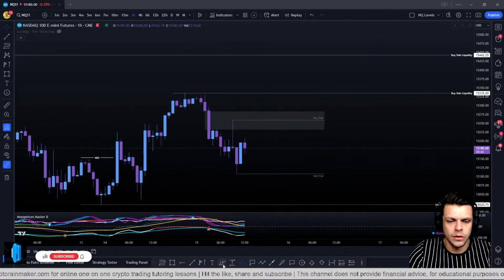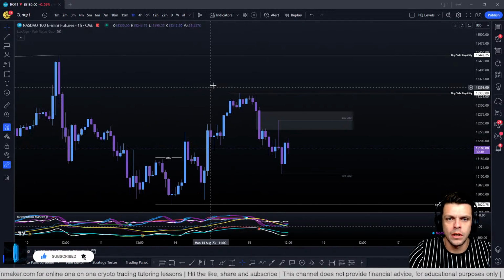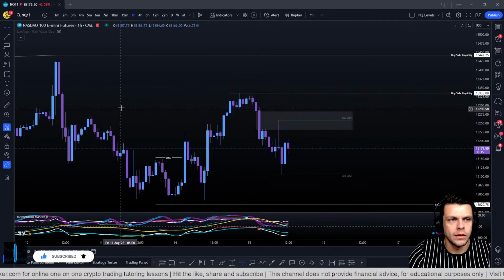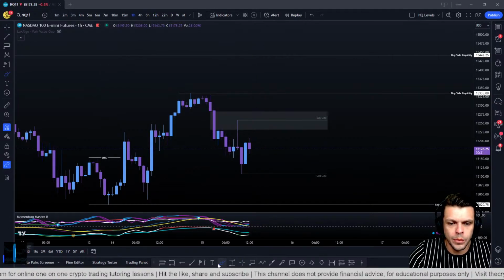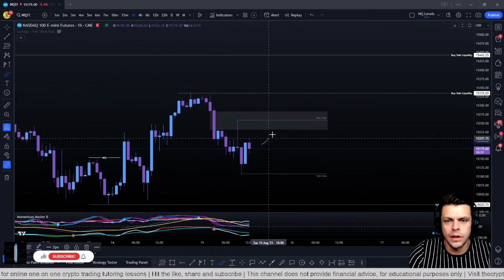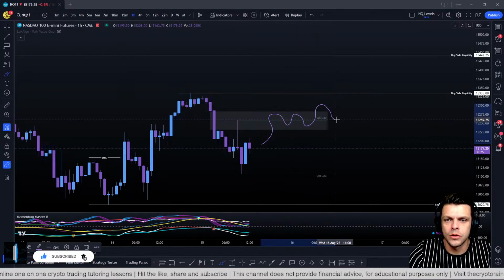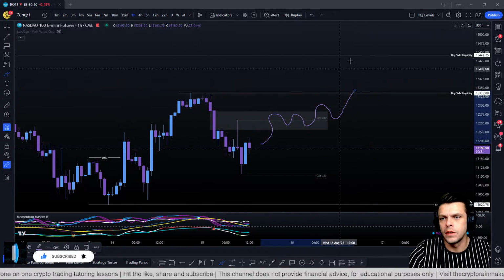So we could assume that when price action moves back to the upside to knock out these relative equal highs that we have right here, and potentially this high right there, price will move through this area, go above, and then this will act as support, and then price action should go and take out the liquidity above these highs.